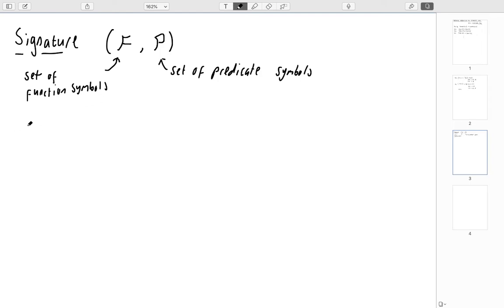Let's write that down in a bit more detail. So F is a set of things called function symbols.